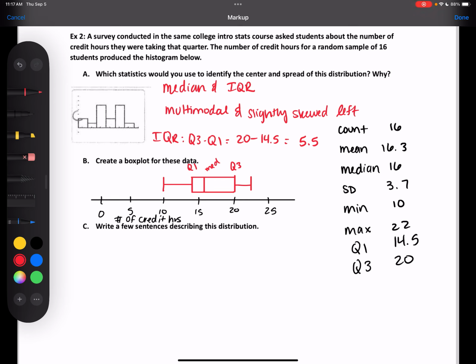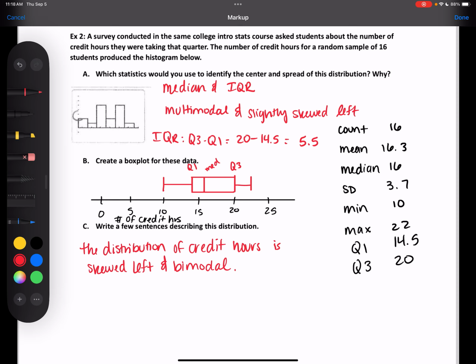So then a few sentences describing this distribution. Basically what I would say is the distribution of credit hours is skewed left and bimodal.